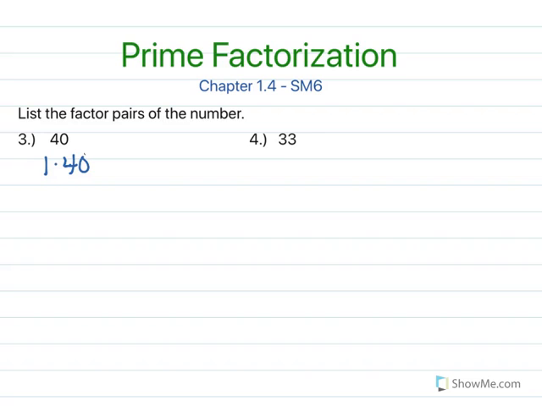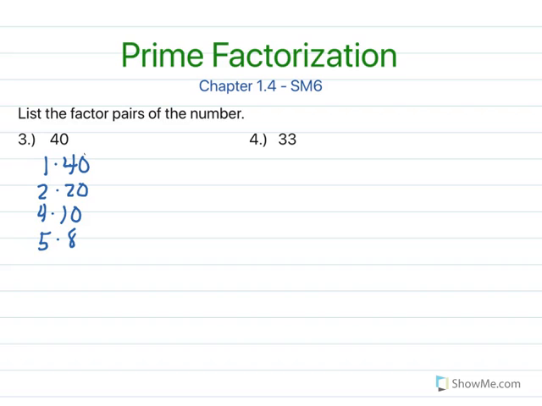Then I have to think, can I divide it by 2? Well, it's even, so yes, 2 times 20. Can I divide that by 3? Nope. 4? Yep. So 4 times 10. Can I divide that by 5? Yep. 5 times 8. The better you know your factors in division, the easier this is.